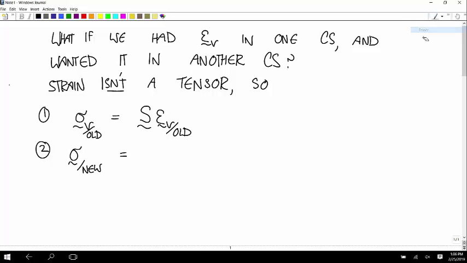Then the stress tensor in the old coordinate system, get that from the Voigt stress in the old coordinate system.